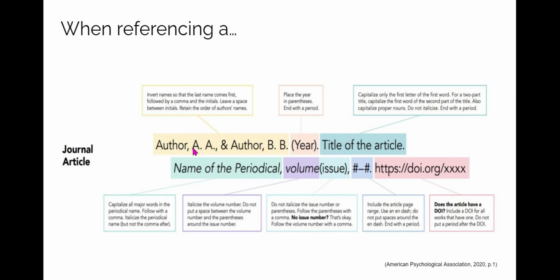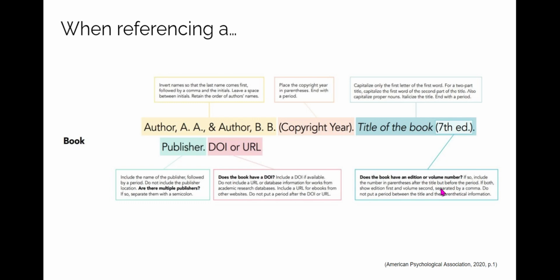So what you need to ensure is that you're following this order here. Okay, you can pause this if you need to and just have a detailed look at it. This is a really easy way to remember what comes first, what comes last. An easy way to remember with a journal article, particularly if it's online, is that the DOI or the URL should come last.